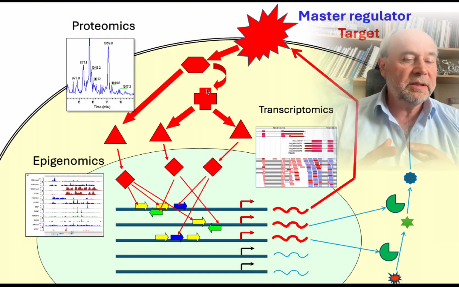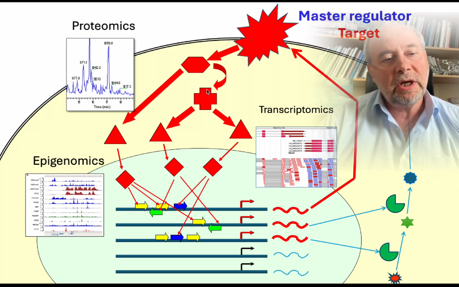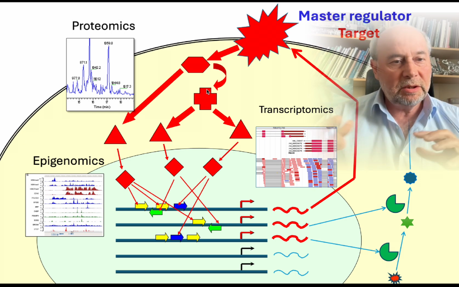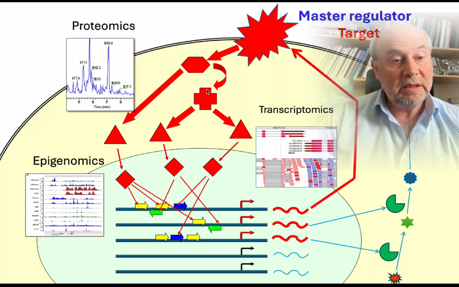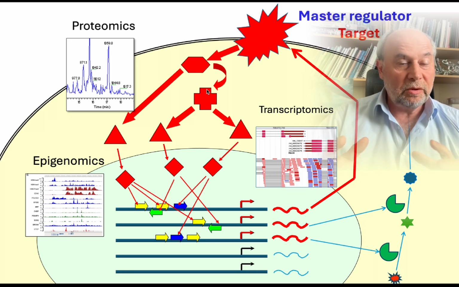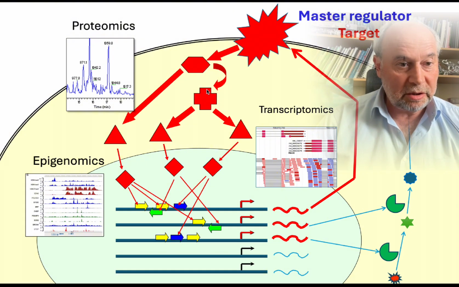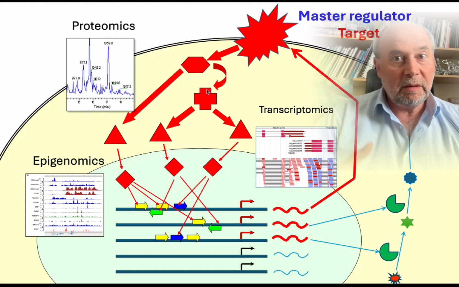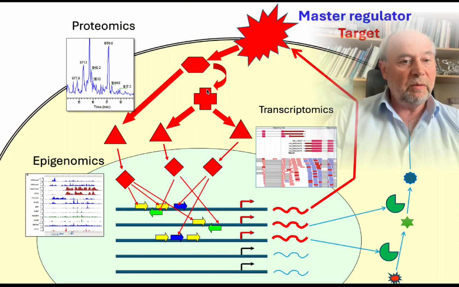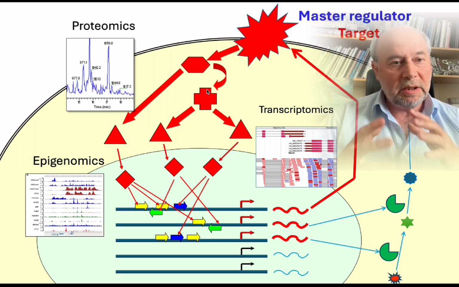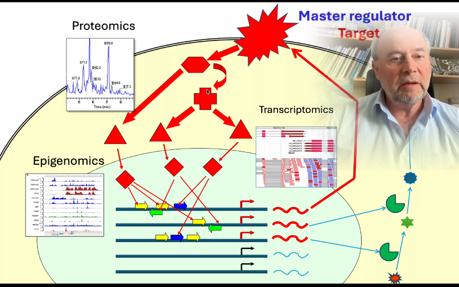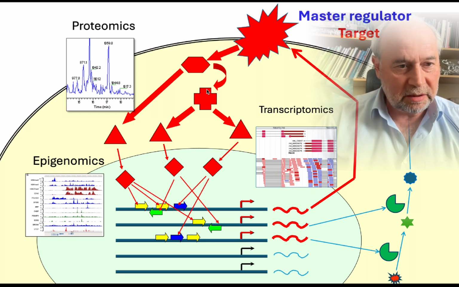Proteomics, such as PISA proteomics, which checks not only the presence or absence of the protein but also its activity, also helps to navigate through the signal transduction network. Finally, those master regulators, we believe, are very good targets for intervention, because if you target such a master regulator, you can influence a lot of processes in the cell.